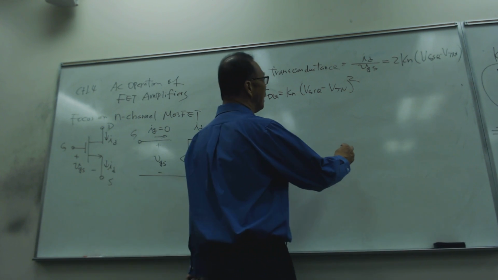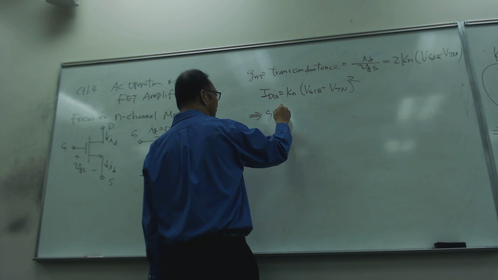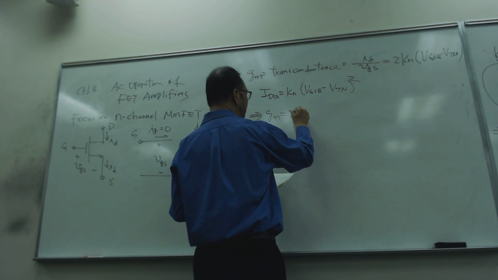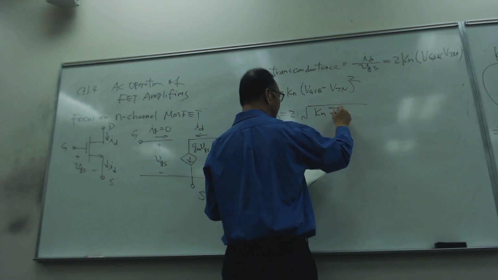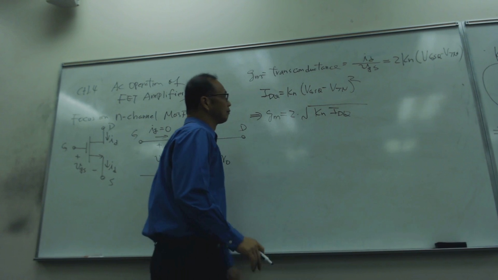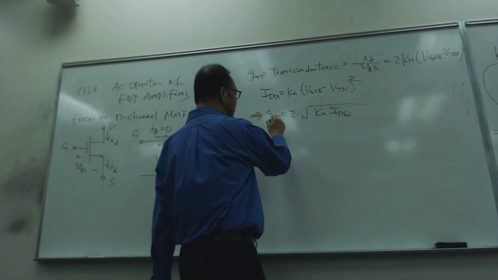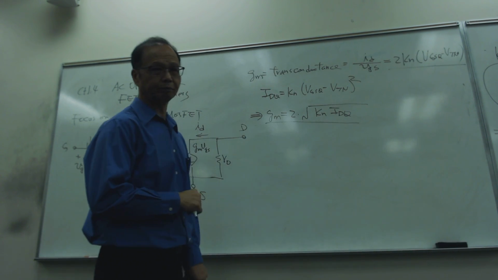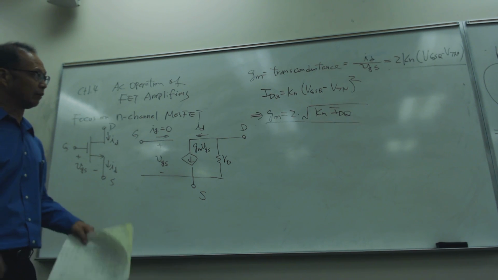So if you combine the two, g_m can also be expressed as 2 times the square root of K_n I_DQ. So you can use this one or this one. It's up to you. Either one is okay.